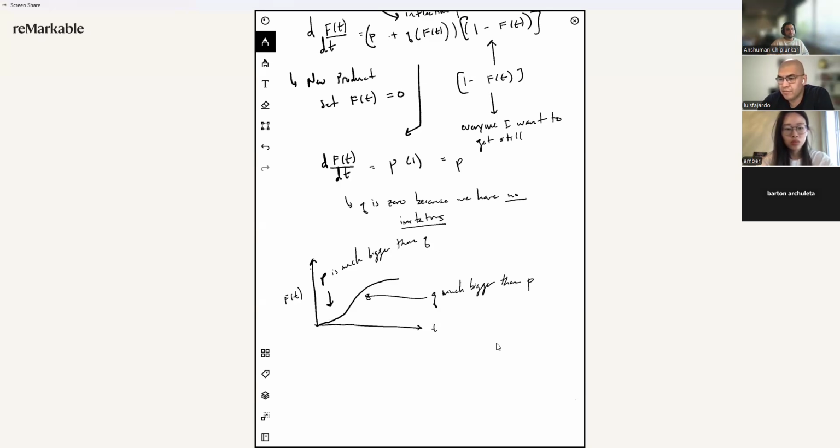Which is, once again, just our way of saying that at one point in time, you can't expect your innovators to continue buying your product. After you hit this inflection point, the overwhelming majority of whoever's purchasing your product is going to be an imitator. Now if we look at this formula again up here, what we're talking about is essentially a weighted average.